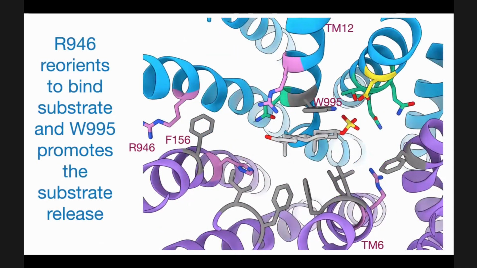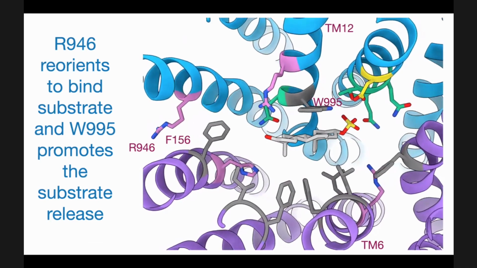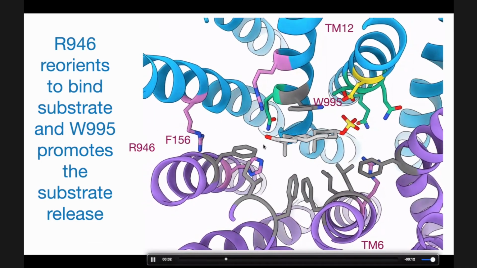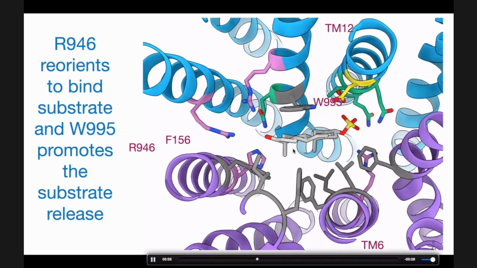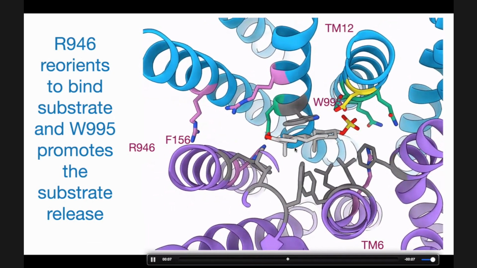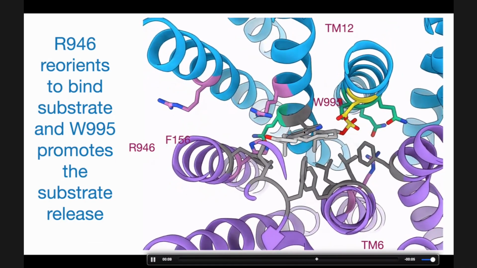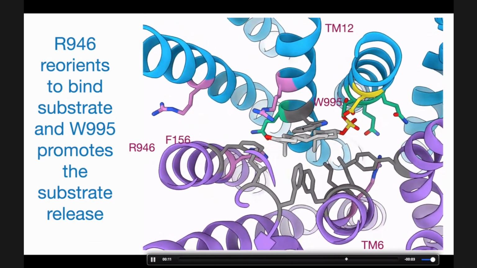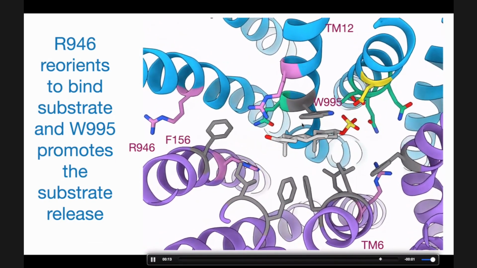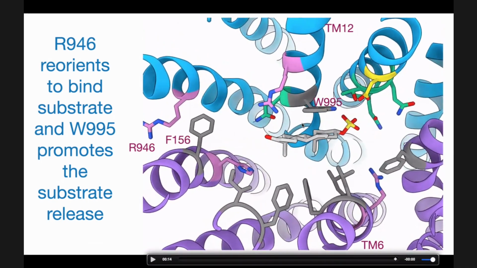So here is a small clip video which will show how the R946 actually reorients to bind the substrate. You will see that this comes close to the cavity while binding it, but while removing it out, these helices come close together and they excise or pull out the substrate.